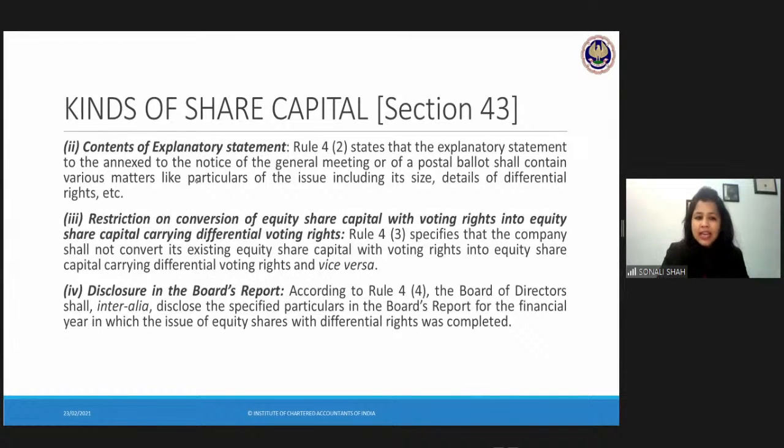Rule 4 states that the explanatory statement which is annexed to the notice of a general meeting or of a postal ballot shall contain various matters like particulars of the issue, including its size, details of differential rights, etc. So we always know whenever the explanatory statement goes with the notice of the AGM, the details, the explanation of the decisions to be taken are included so that the people who are supposed to vote can make an informed decision.